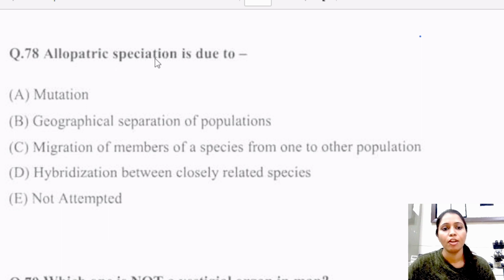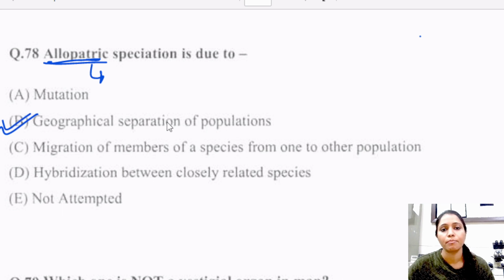Next question is, allopatric speciation is due to... So there are different types of speciation, like allopatric speciation and sympatric speciation. As its name suggests, it is due to geographical separation of populations.